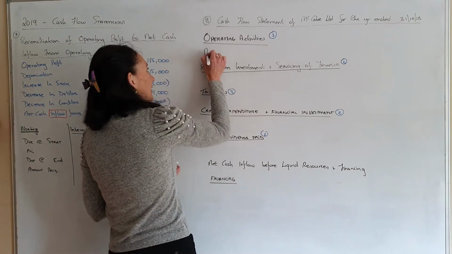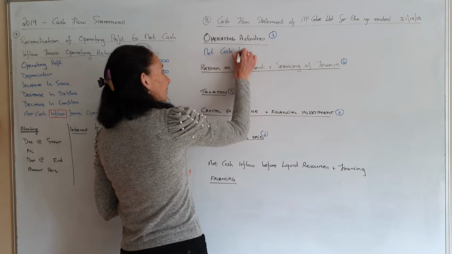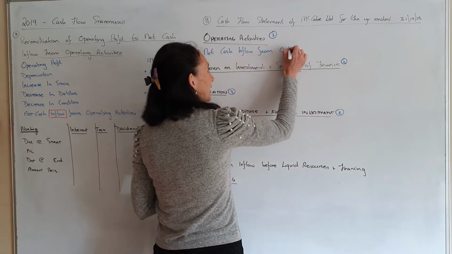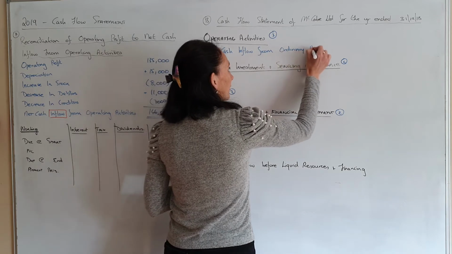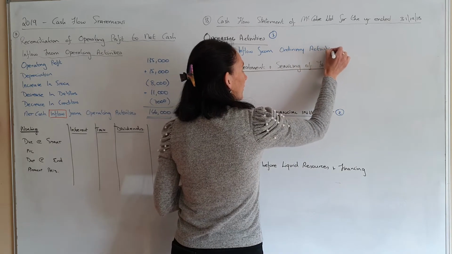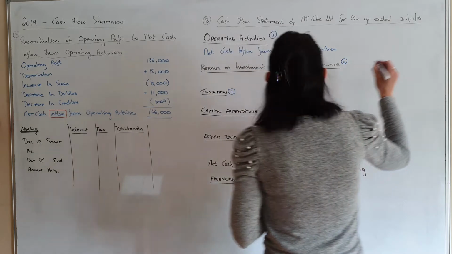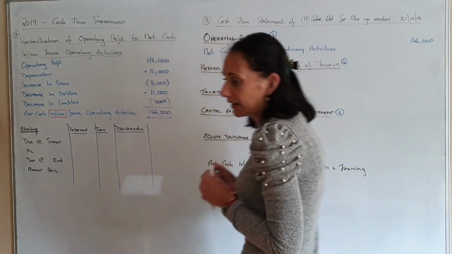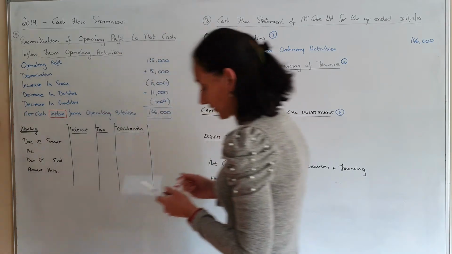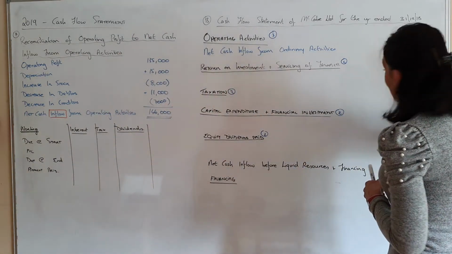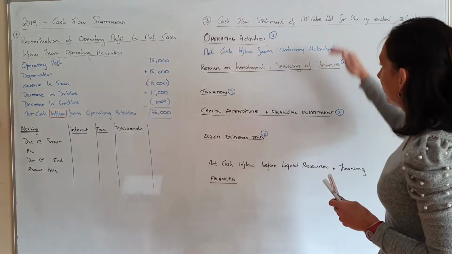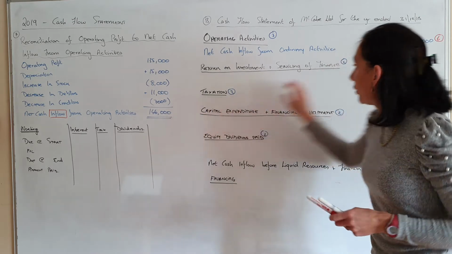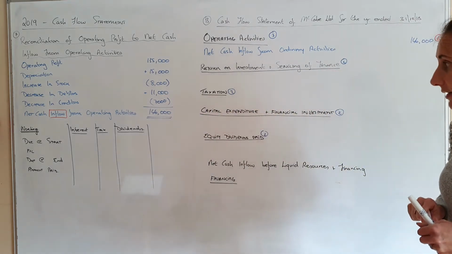So you're going to write net cash inflow from ordinary activities, and it's 146,000. And again, believe it or not, just putting that in gives me 6 marks. So this is given to you, you're just writing the answer from part A over here, and you get your 6 marks.